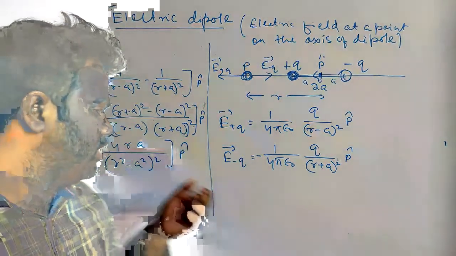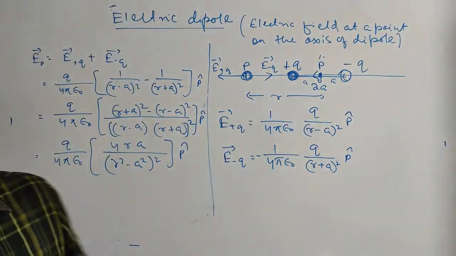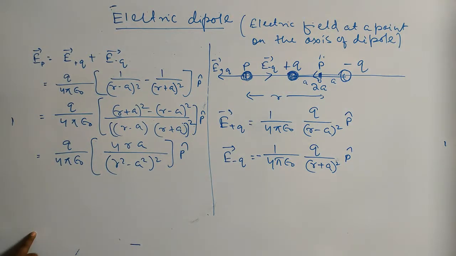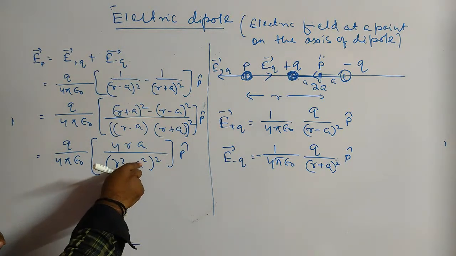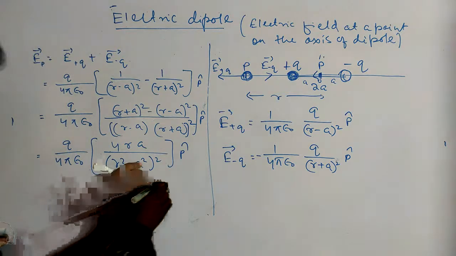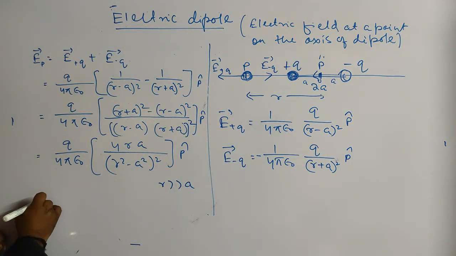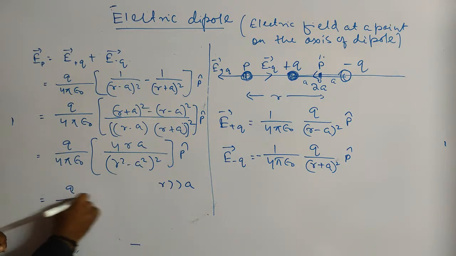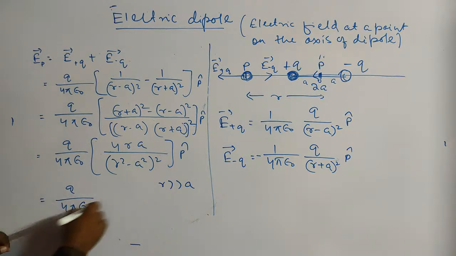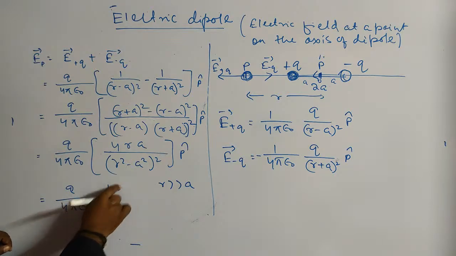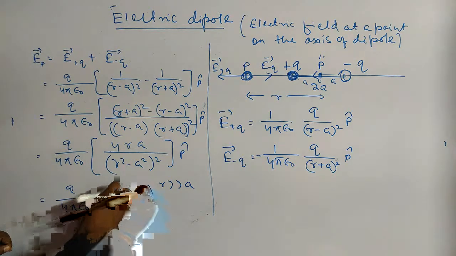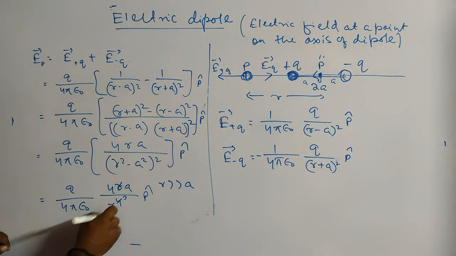a is a very small number, and the square of a small number is again a very small number. So you can neglect a square as compared to r square. So for r greater than a, we can write Q by 4 pi epsilon naught, 4ra by r to the power 4, p cap. r is cancelled.